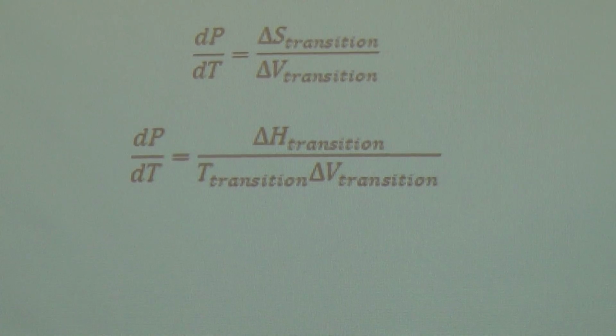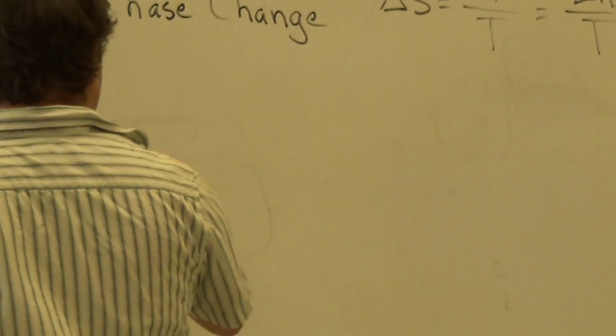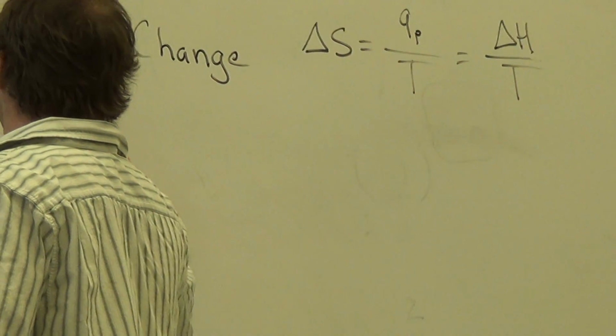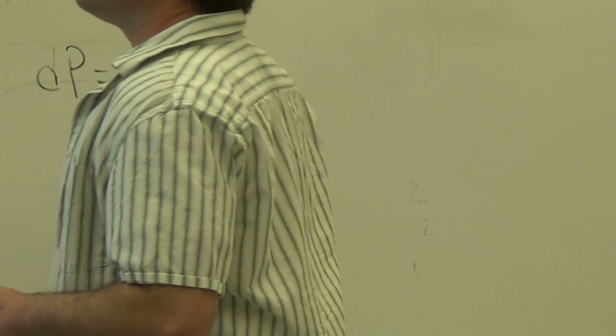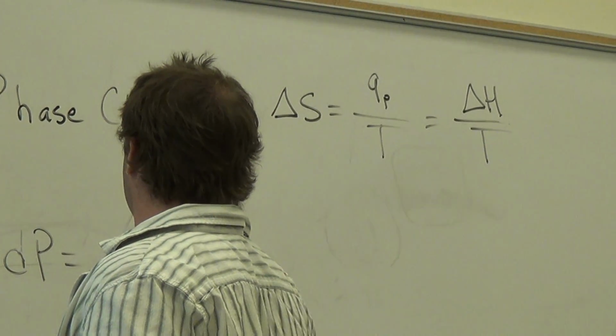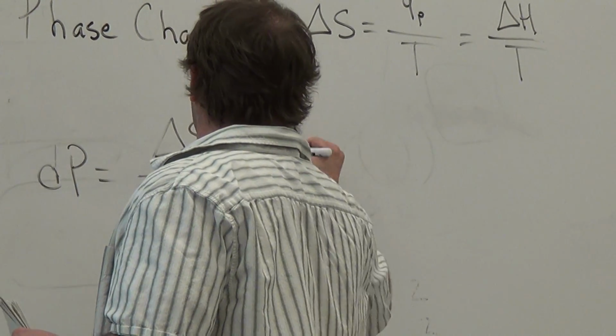Along the solid liquid curve, we can write this expression as dP is equal to delta S of transition over delta V of the transition dT.